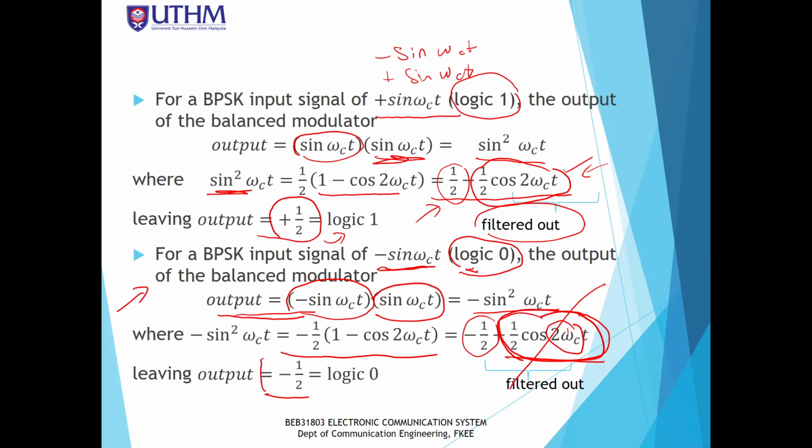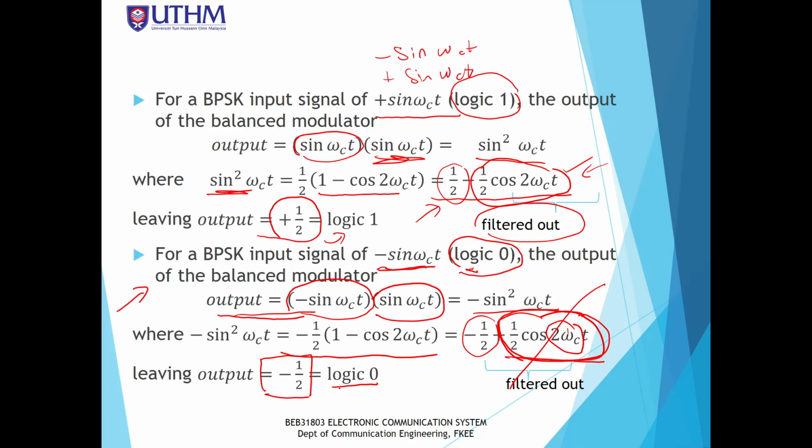So the output of the low pass filter is negative 1 over 2, a negative voltage. Remember, negative voltage represents logic 0, and positive voltage represents logic 1.